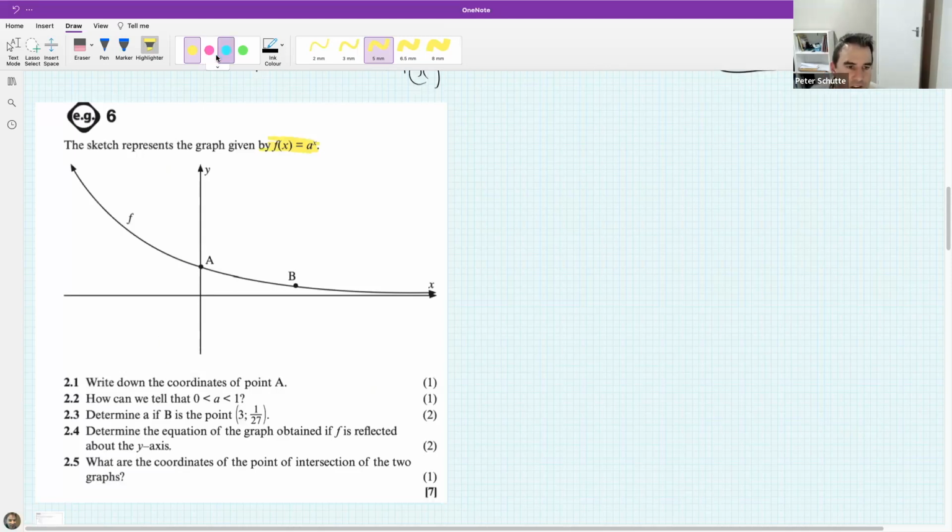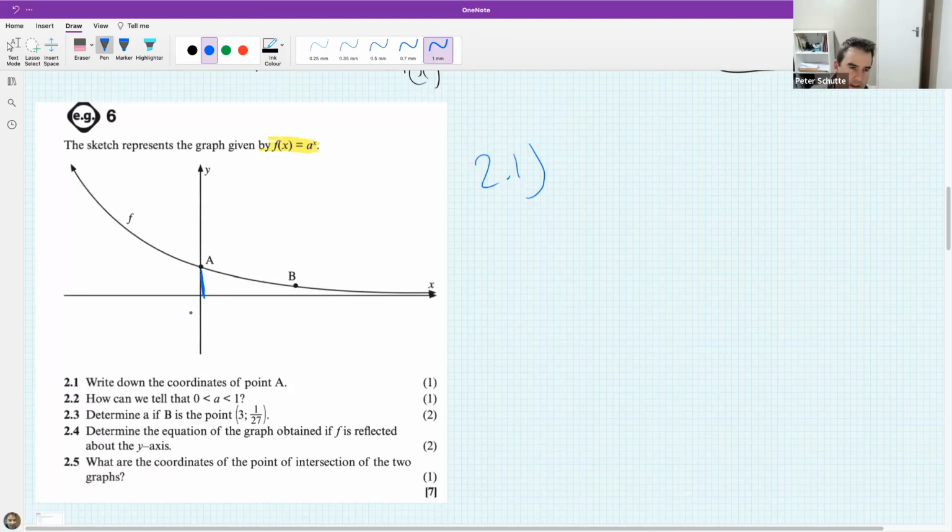All right, I want everyone to figure out, let's start with this. What are the coordinates of the point A looking at this exponential function? Pop it in the chat. So how would you find A?